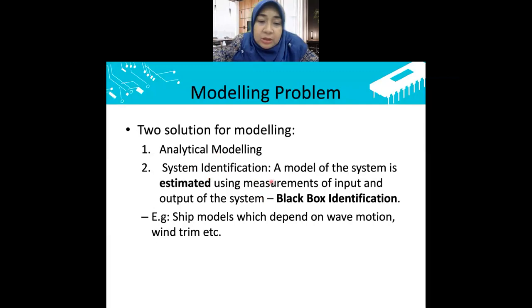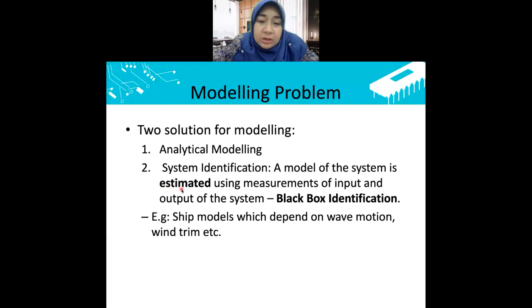System identification is a program or a mathematical procedure where you don't need to draw the block. When you have a system, the model of the system is estimated. So rather than drawing the block diagram like what I've done just now, I'm just going to estimate the model of the system by assuming that the system is a black box, so I don't need to understand the mathematics.